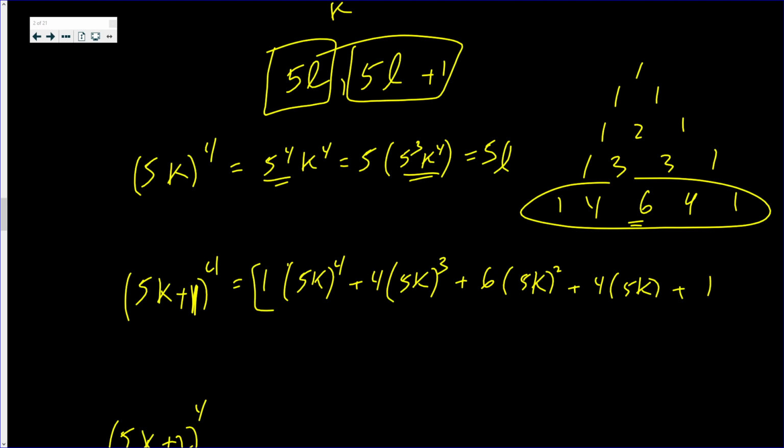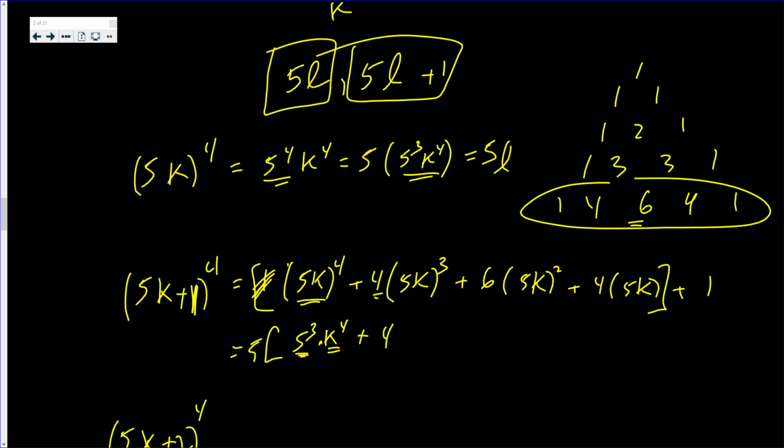Well, in each one of these, I can pull out a 5. This one here you could ignore. What will be left over after I pull out a 5 is 5 cubed times k to the 4th. 5 times 5 times 5 is an integer. K is assumed to be an integer, so k times itself 4 times is an integer. You multiply, you get an integer.